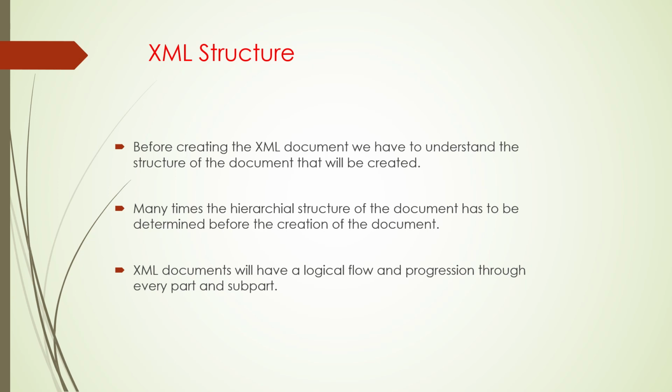So semi-structured data could be implemented in a few ways. One of them is by using XML. Before creating the XML document, we have to understand the structure of the document that will be created. What kind of hierarchy or what type of information would be coming in has to be taken into consideration.